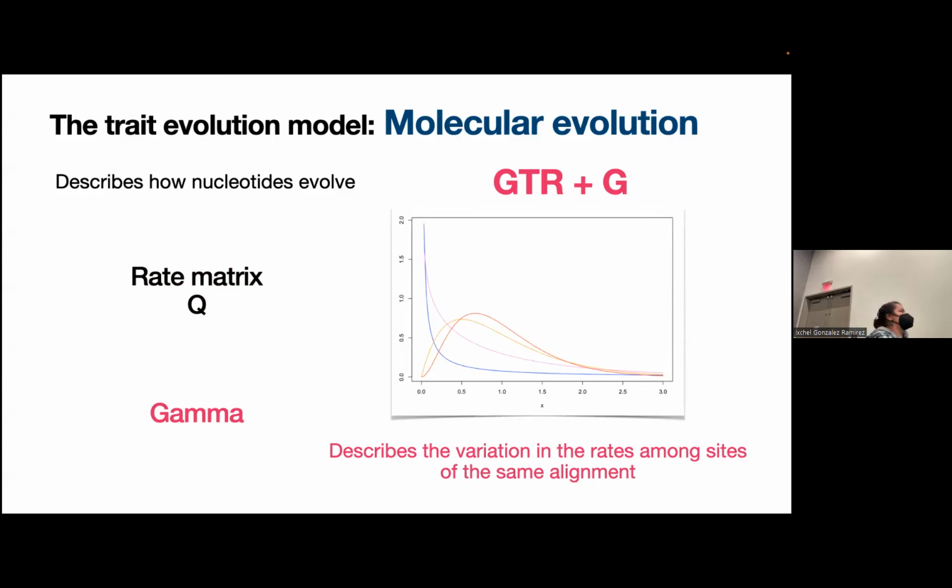You're going to see that we usually use gammas to accommodate variation. Do all the positions in an alignment change at the same rate? Why wouldn't you expect that all the nucleotides in an alignment have the same rate Q matrix?